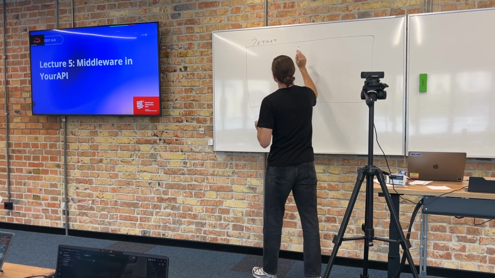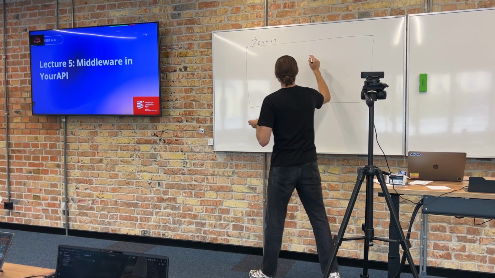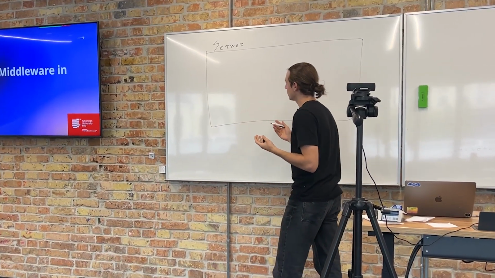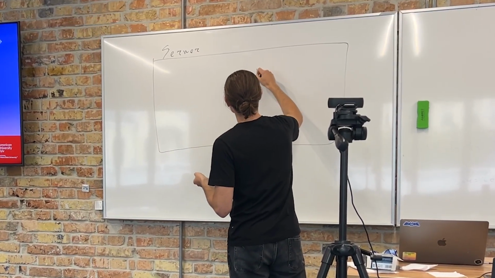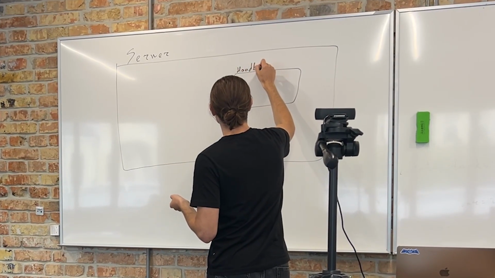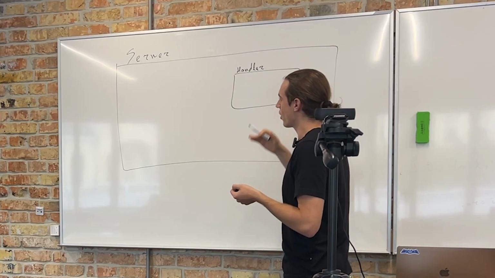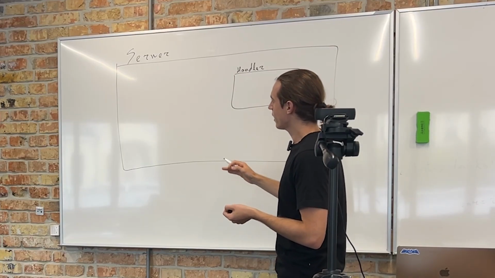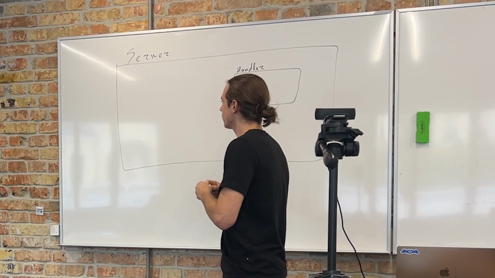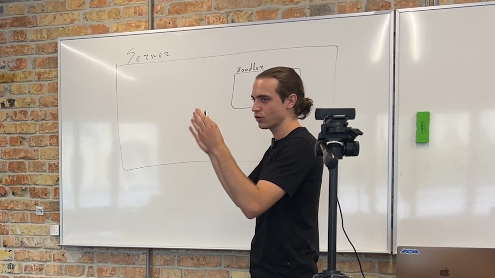We have a method call, for example, and we have our handler. The handler is our function that we run when we have a request with a specific path, for example, or specific variables in this request.